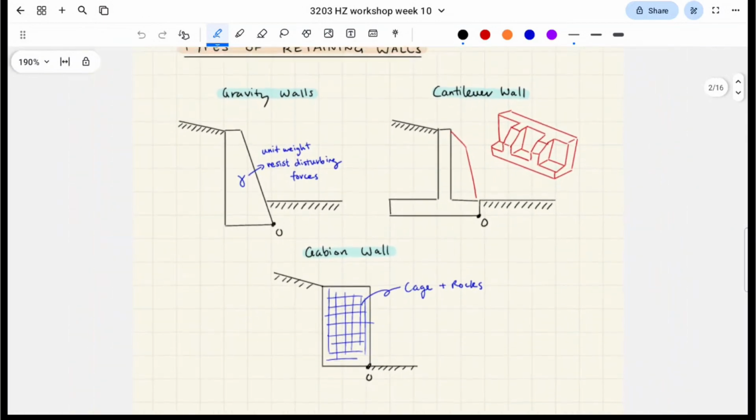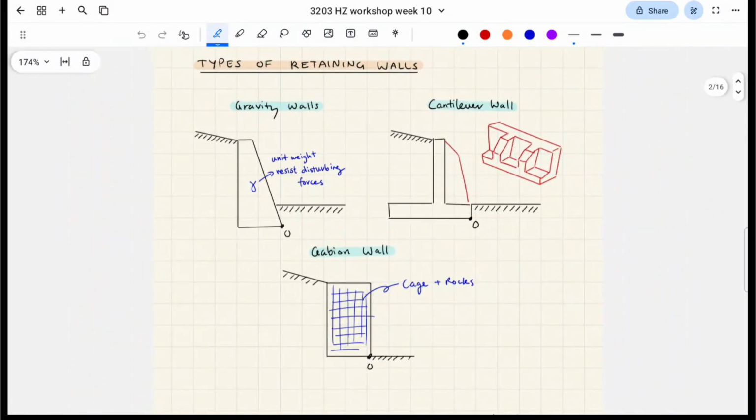Okay. Basically, lateral earth pressure is pressure from the earth, and lateral is just another way of saying horizontal, right? So it's basically horizontal stresses, similar to hydrostatic pressure for water, that acts on this wall.